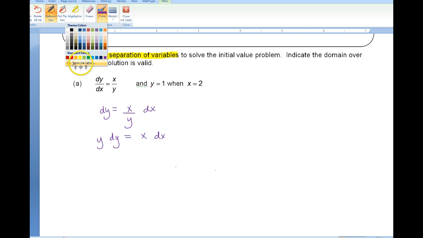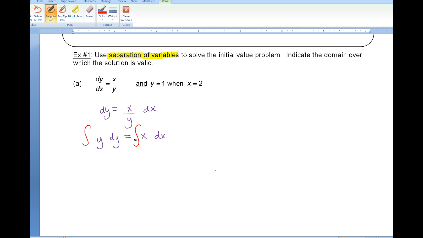So now we can integrate. Okay, so we're going to take the integral of both sides. Now, previously, we just had an integral and then dy, so we said that was equal to y. But now it's a y here. So what would be the antiderivative of y?